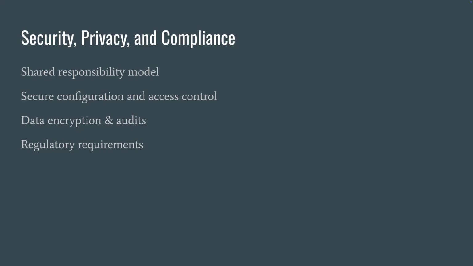Regulatory requirements: compliance standards like HIPAA, GDPR, PCI DSS, and others apply whether you are on-prem or in the cloud. However, the cloud can simplify compliance documentation, but unfortunately, it doesn't eliminate the organization's responsibility.